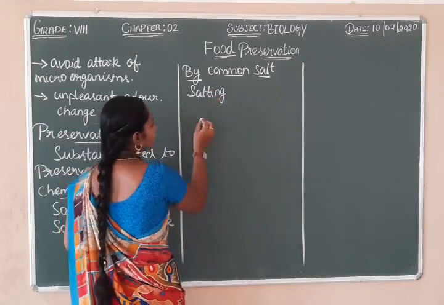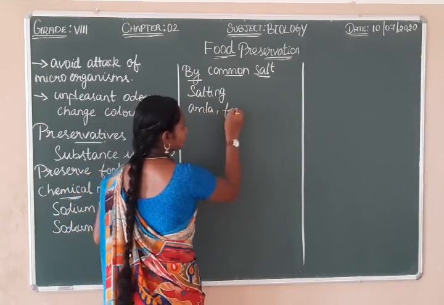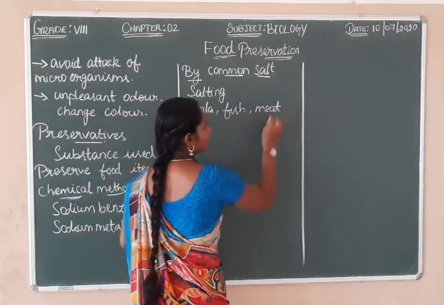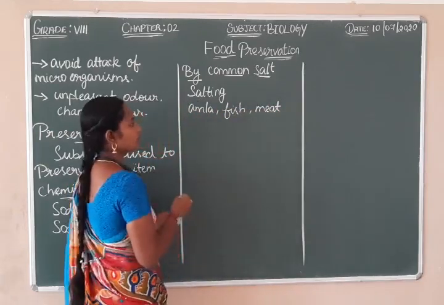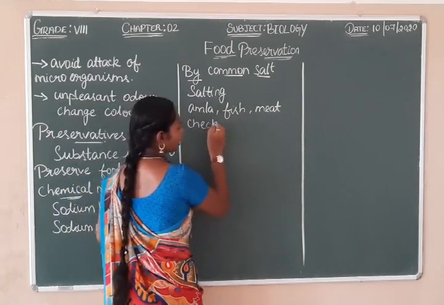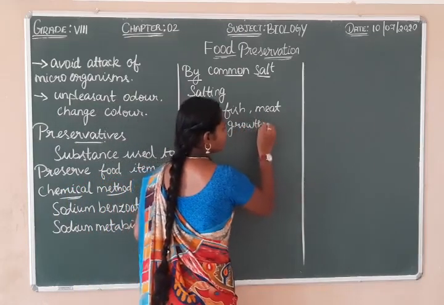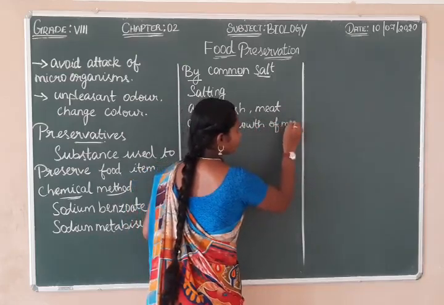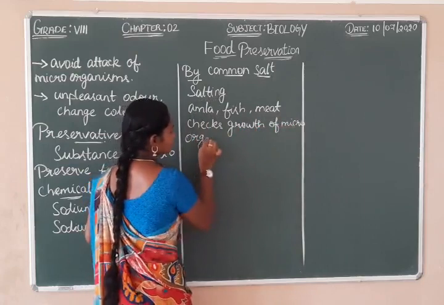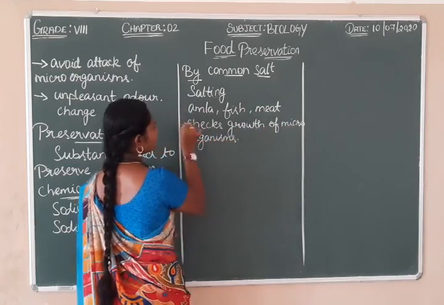Food items like amla, fish and meat are preserved this way, and this process checks the growth of microorganisms. So this is about the preservative common salt.